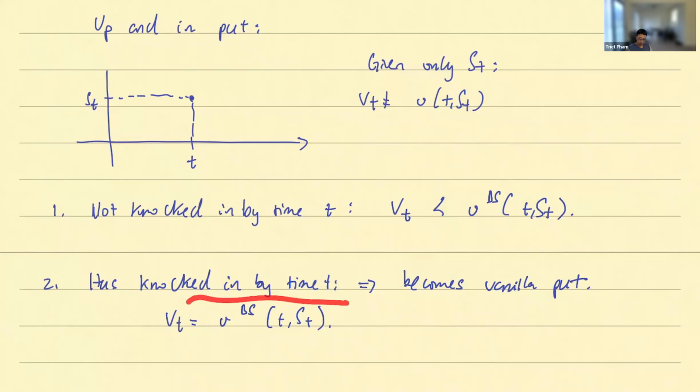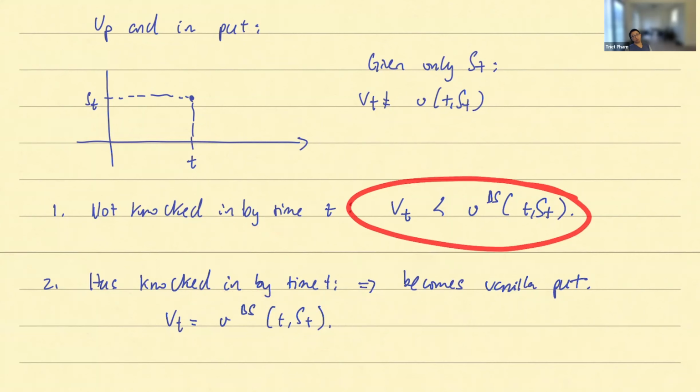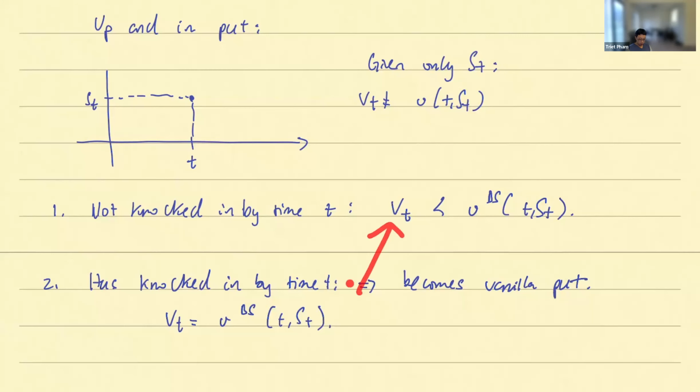Okay. So if it has been knocked in, then it simply is vanilla put. But if it has not been knocked in, then the value is definitely less than the vanilla put. So for that reason, these two scenarios produce something different. Therefore, now you can bring in the indicator function.